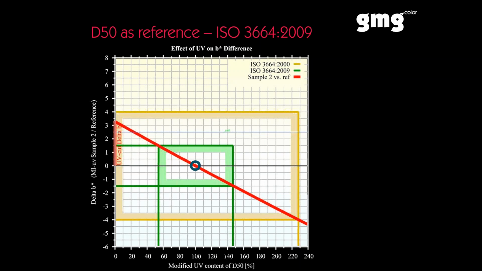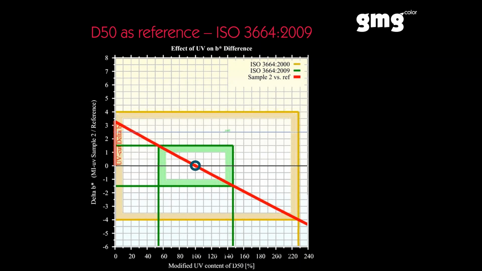The red line shows how the OBAs react to less or more UV content in the light. So with less UV on the left side, the B value goes positive, as you can see, which means more yellowish. And with a higher amount of UV, this optical brightener reacts with a negative B value, which means the paper tint gets more bluish.